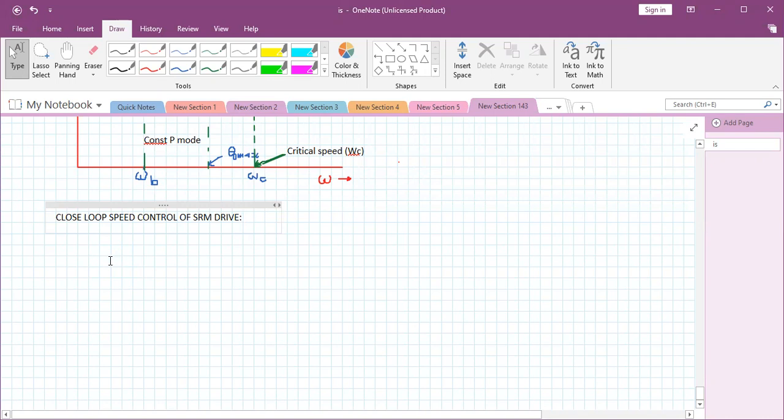Here we will start with a reference speed, and our objective is to run the motor at different speeds.